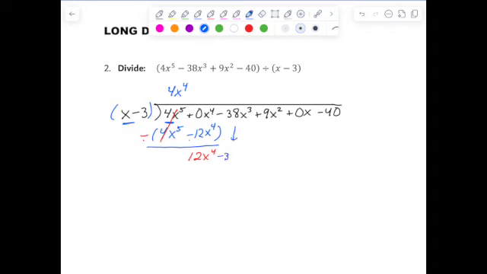That's negative 38x cubed. And I've intentionally made kind of a long problem here to practice the whole procedure and to show you a couple of 0 placeholders, but it does get a little bit repetitive, I'll admit that. So now we're dividing x into 12x to the 4th, so that will be 12x to the 3rd.